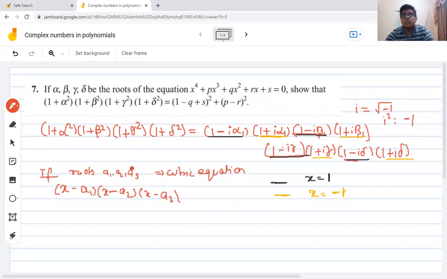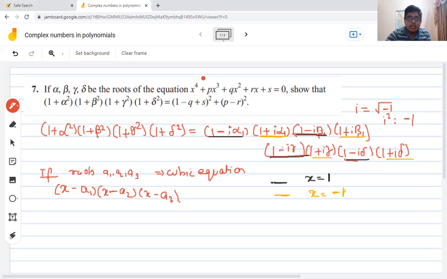We can see here that (1 + alpha^2)(1 + beta^2) we expressed as this. So here we get i alpha, i beta, i gamma and i delta instead of just alpha, beta, gamma, delta.